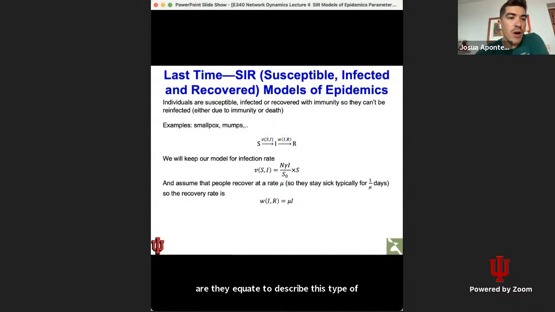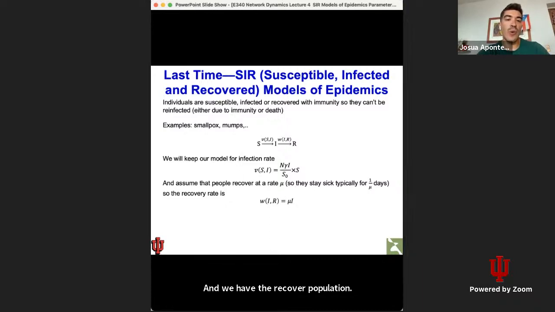In the SIR model, we call all of these compartmental models. So we have different compartments, and in the SIR model, we have 3 compartments. We have the susceptible population, we have the infectious population, and we have the recovered population.